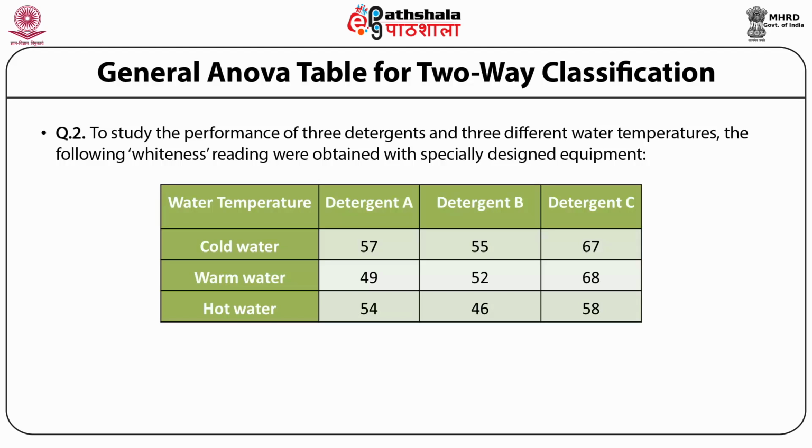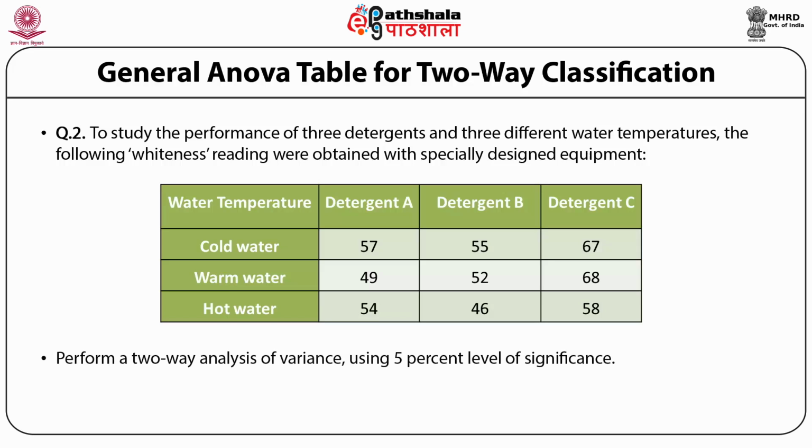The other attribute, specified in rows, is the water temperature, which is attribute 2 or variable 2, and water temperature has been categorized into cold, warm and hot water. And the readings you are seeing in this table, the 57, 55, 67 and so on, are the whiteness of the cloth which has been washed with different detergents in different temperatures of water.